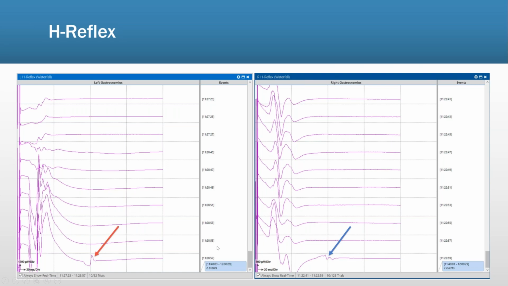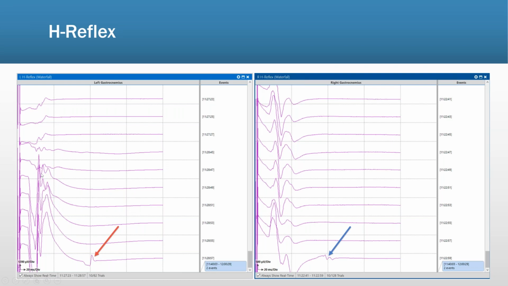When the H-reflex is done, the first response we'll see is an M wave, which is a muscle response. The second one, the red arrow on the left side and the blue arrow on the right side, those are small H-reflexes. I have a better picture, but those are responses, stimulating the popliteal fossa with a needle electrode and getting response from the gastrocnemius. The H-reflex occurs at about 40 milliseconds.